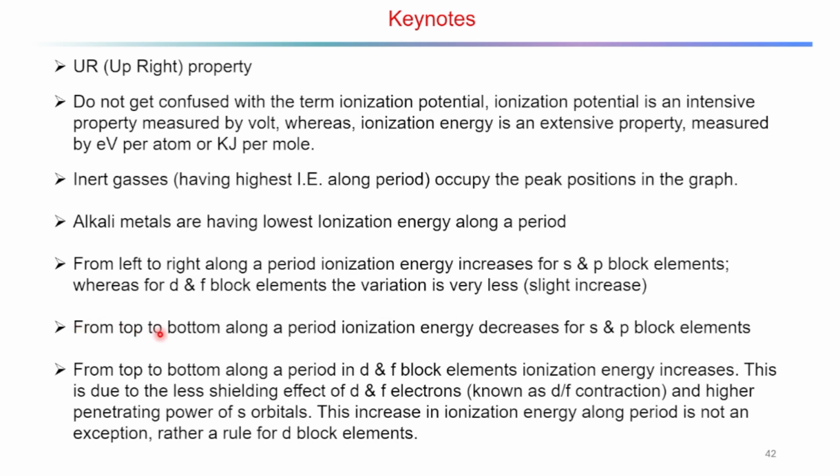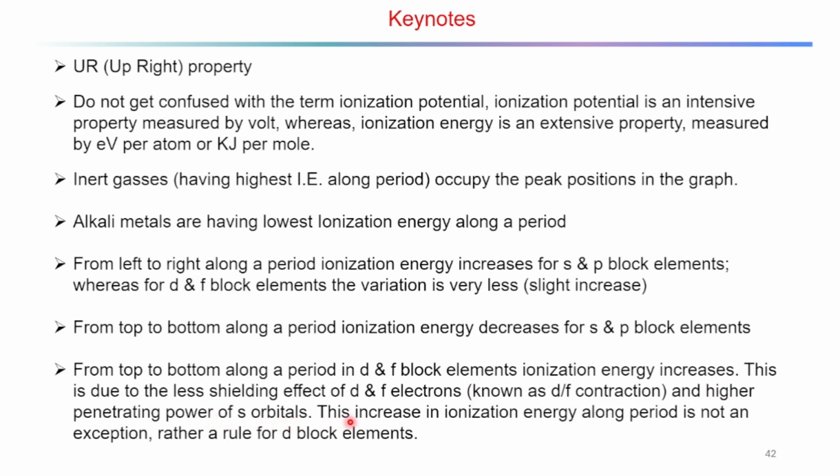And if you see from top to bottom along a group, ionization energy decreases for S and P block elements, whereas from top to bottom in D and F block elements, ionization energy increases. This is due to the less shielding effect of D and F electrons, known as D or F contraction, or Scandide and lanthanide contraction, and the higher penetrating power of S orbitals, which I have already explained.